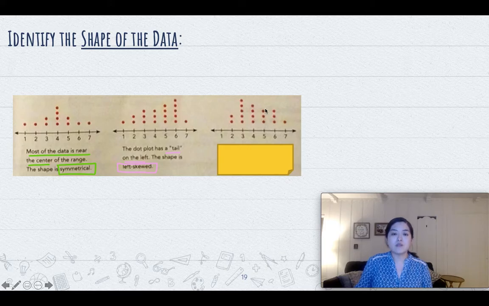What about here? Again, most of the data is not just centered in the middle of the range between 2 to 7. It looks like there's a tail here on the right side. Do you see a slight tail here on the right side?